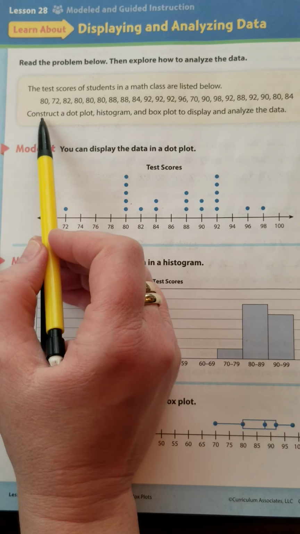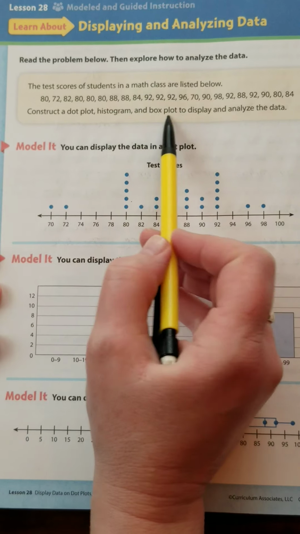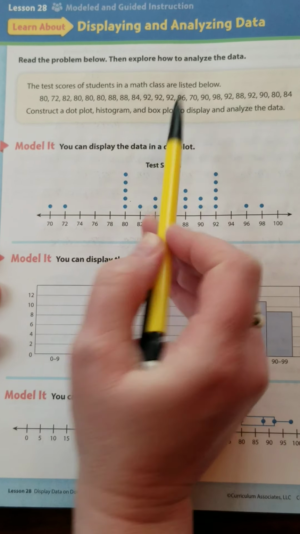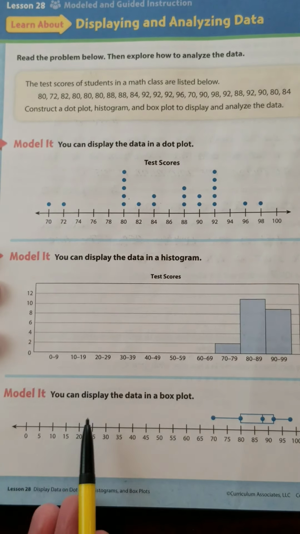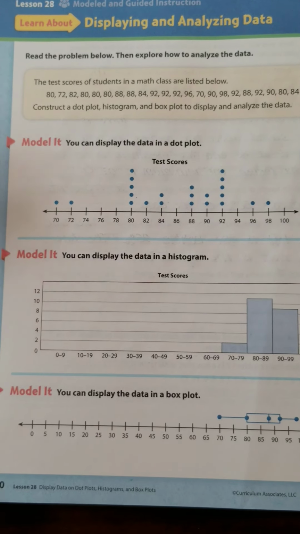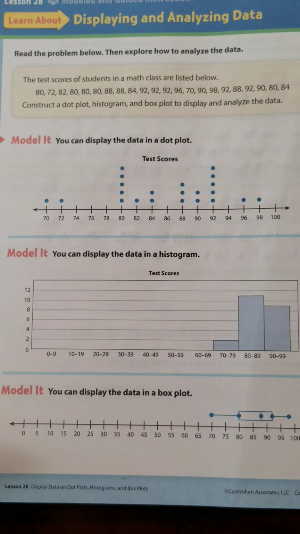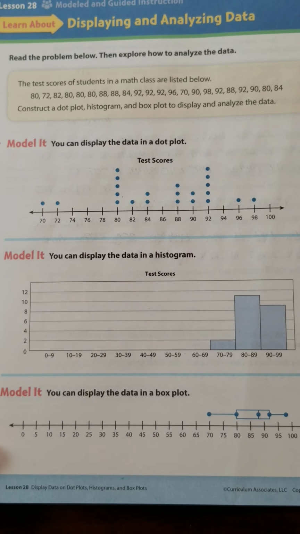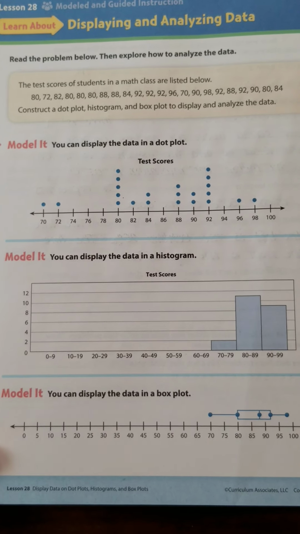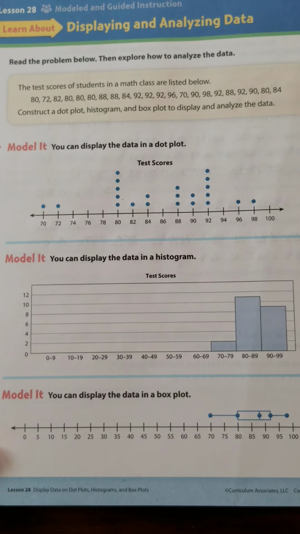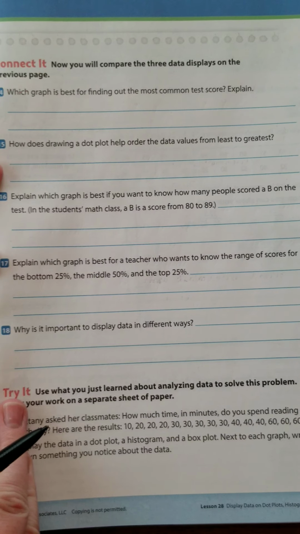It asks you to construct a dot plot, a histogram, and a box plot to display and analyze the data. And you can see they've already done that for us. So we've got the dot plot, the histogram, and the box plot. And now we're going to move on to page 301 and see if we can answer the questions.